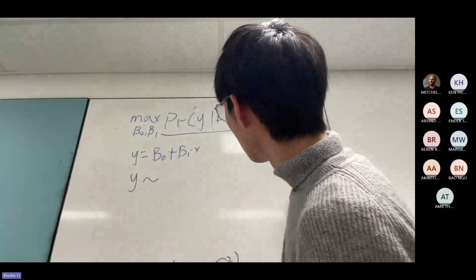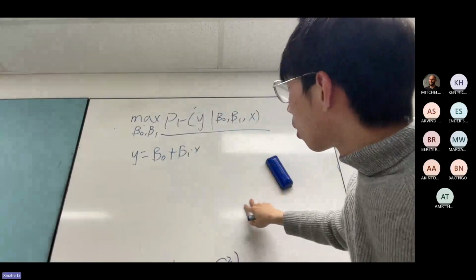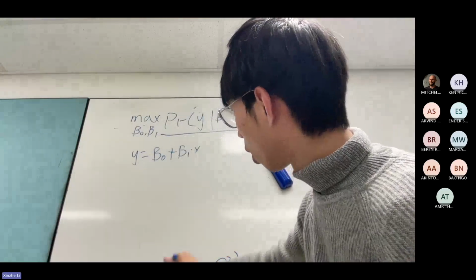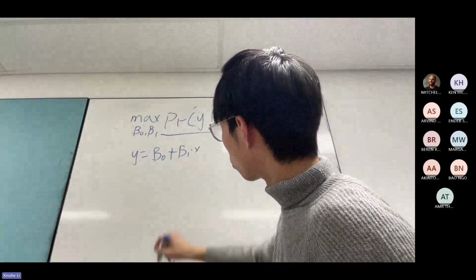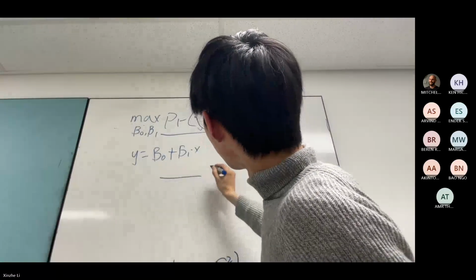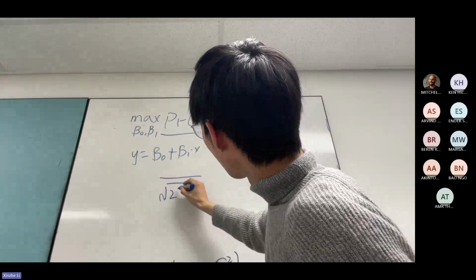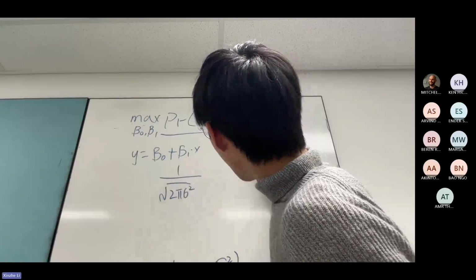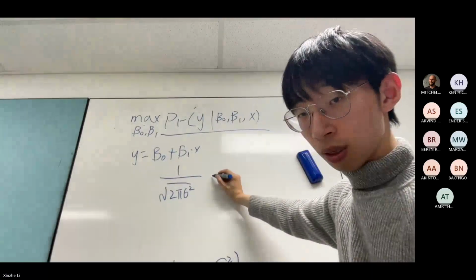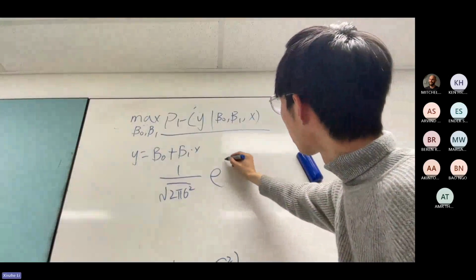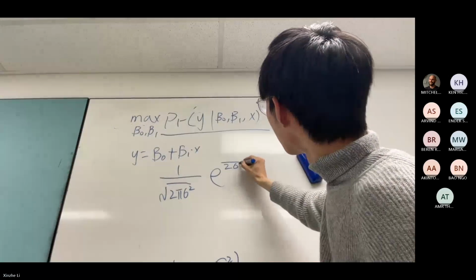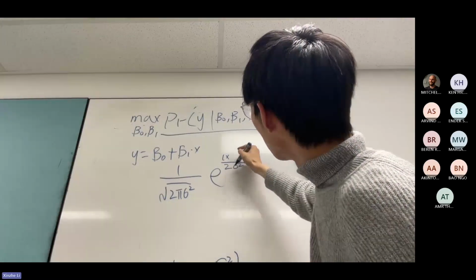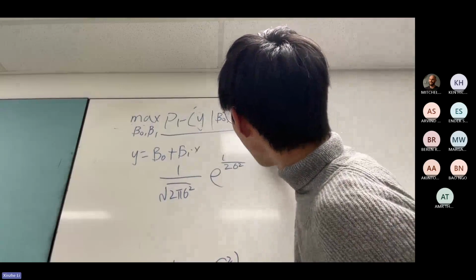Okay, let me erase this. So I want to make it into functional form. Anyone can tell me what's the function of the PDF of the normal distribution? It's 1 over the square root of 2 pi variance, times e to the minus something.